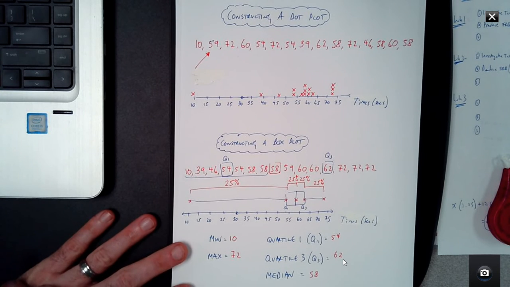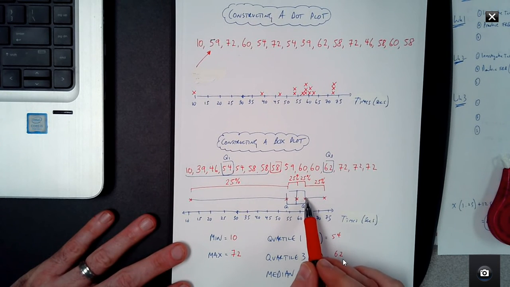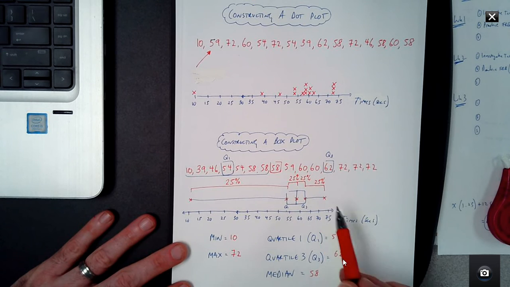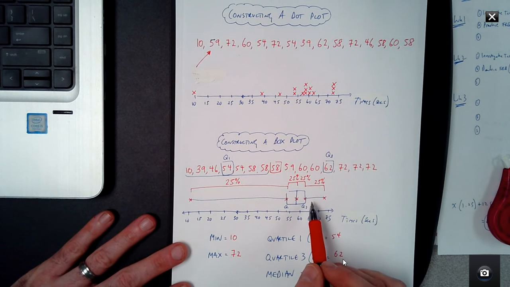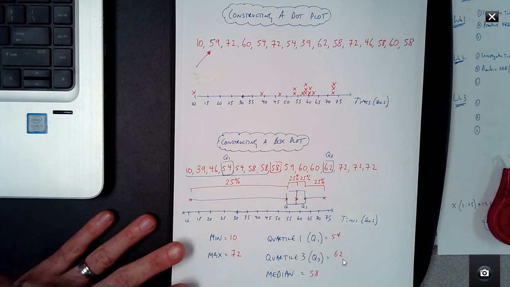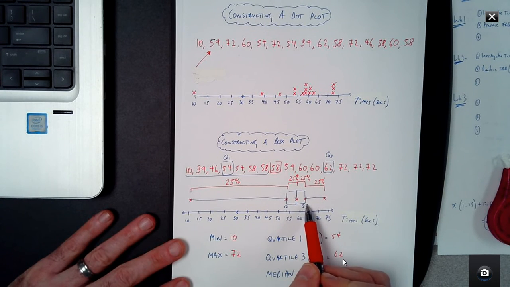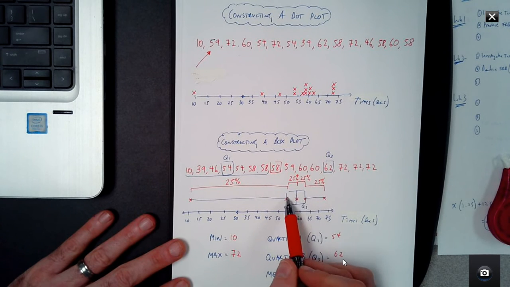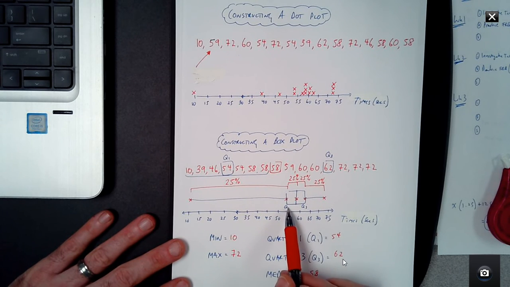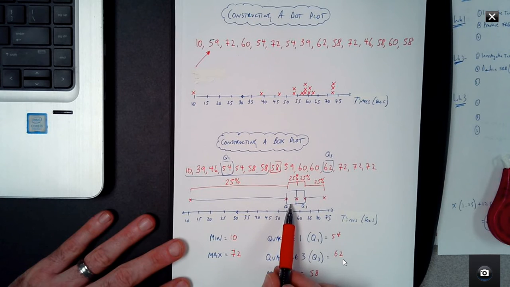So one way of looking at this is, if you look at quartile 3 to the maximum, that's like saying that 25% of the data was 62 and up. And you could also do other things, like if you look at quartile 1 and quartile 3, that together is 50%. So 50% of the data could be between 54 and 62.